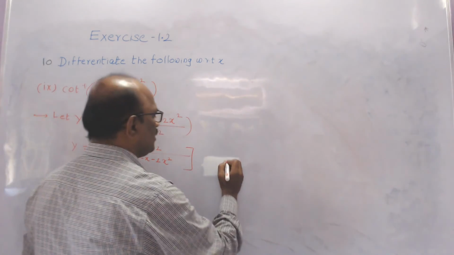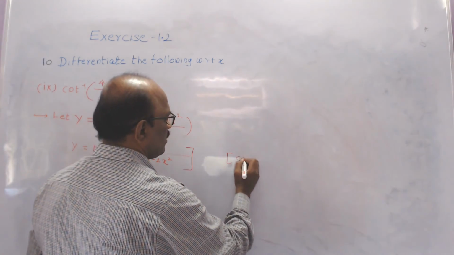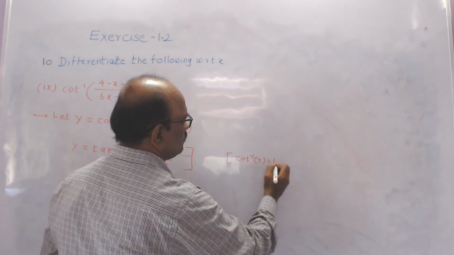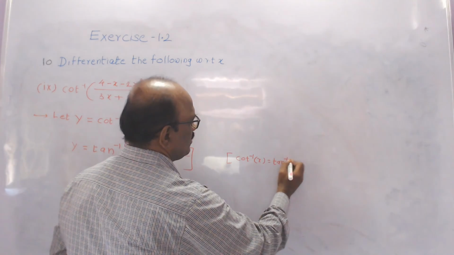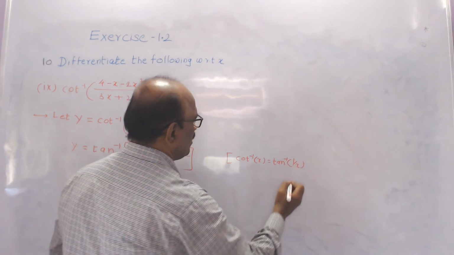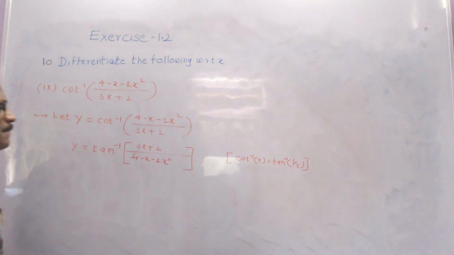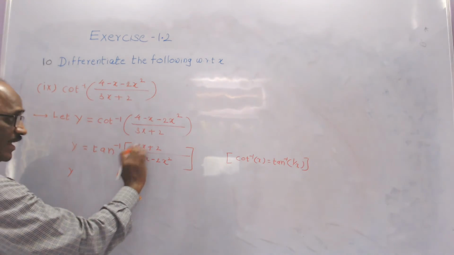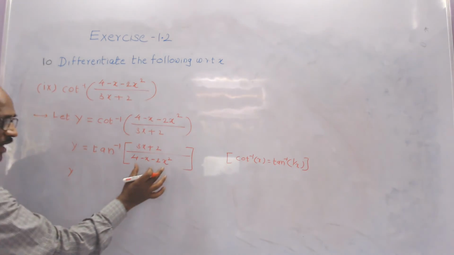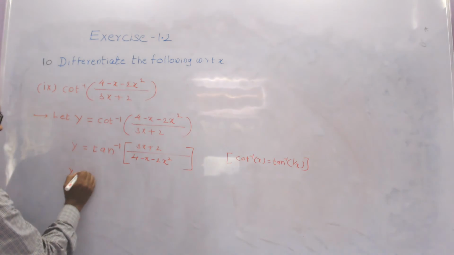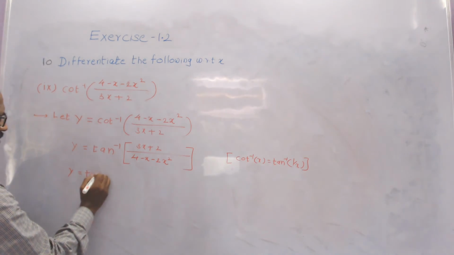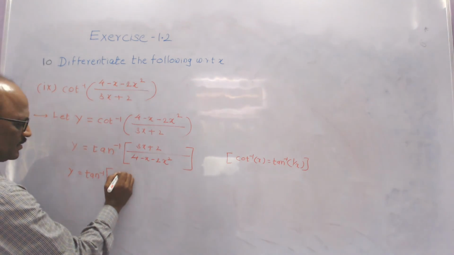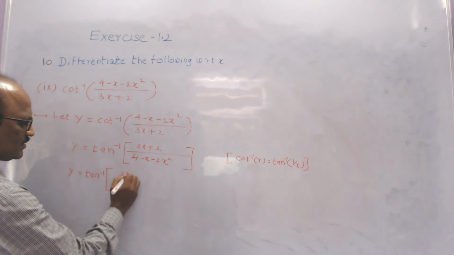And which formula here? That is cot inverse of x equals tan inverse of 1 upon x. Now see this, this is important. What are A and B here? To find out A and B, I will apply it to the denominator. Here we have tan inverse of 3x plus 2.